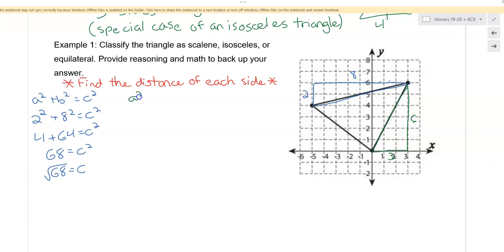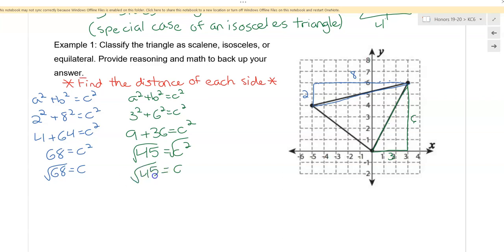So again, we have a squared plus b squared equals c squared. And that's 3 squared plus 6 squared equals c squared. And that's 9 plus 36. And then that's 45. Square root both sides, c equals the square root of 45.